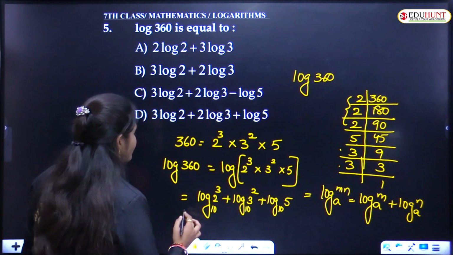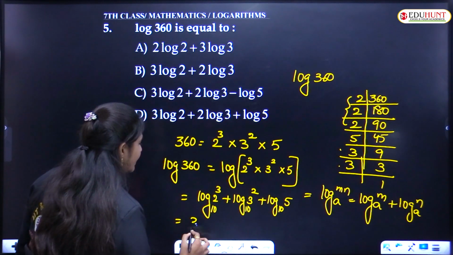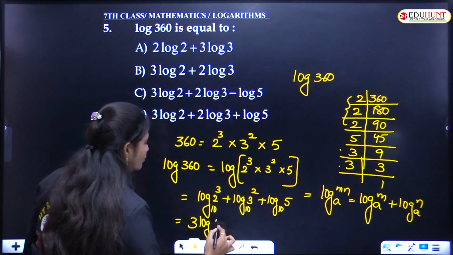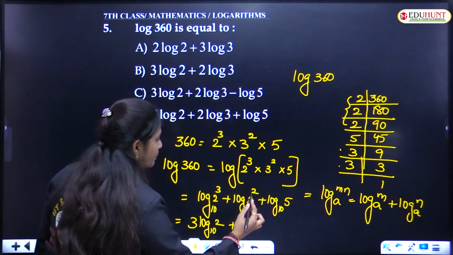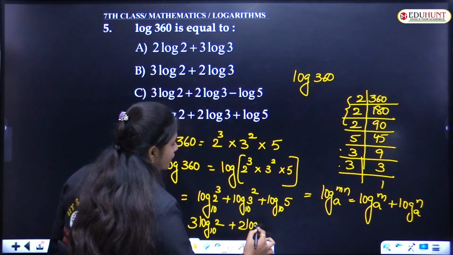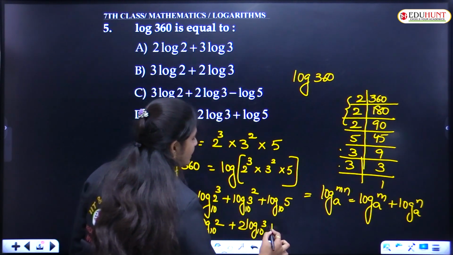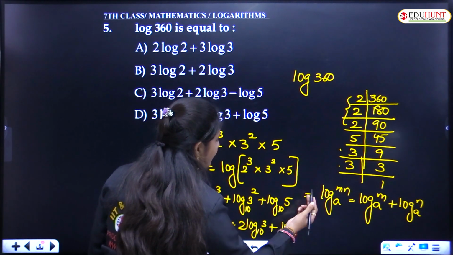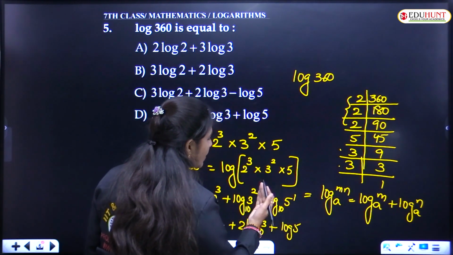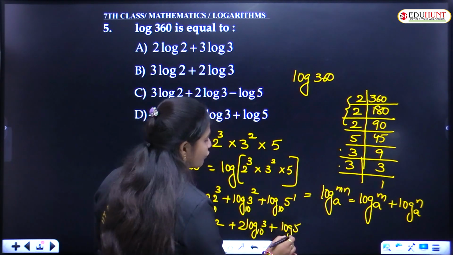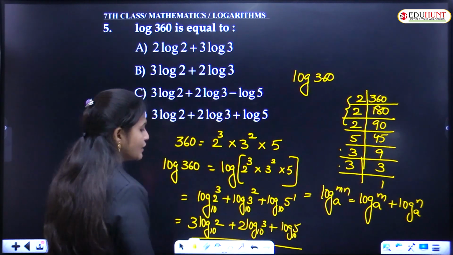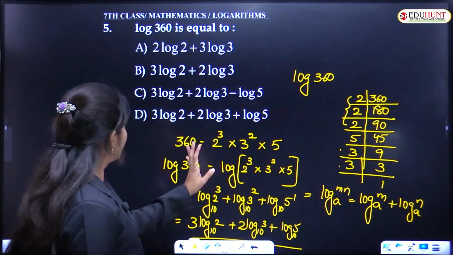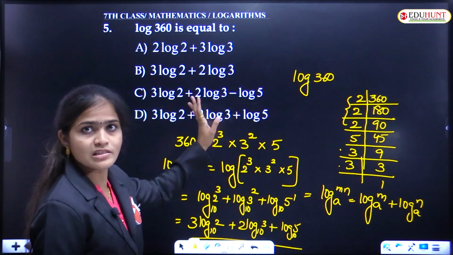So here this one we can write as 3 log 2 base 10 plus 2 log 3 base 10 plus, and here this is log 5 only, no power, power 1 only. So 1 into log 5, again you get log 5 base 10. If base 10 is not written, then also no problem, I told you.